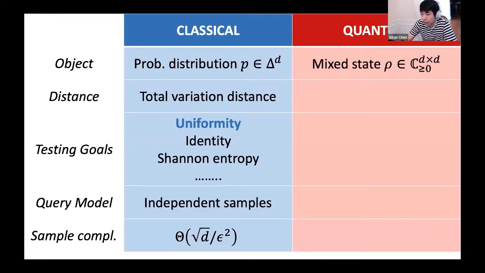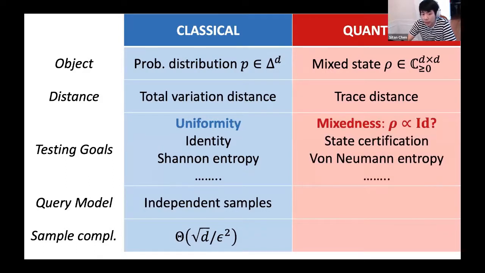Here we're interested in not a distribution, but a mixed state, so just a trace one PSD matrix. And the distance to which we want to test properties of this mixed state will be trace distance, for example.